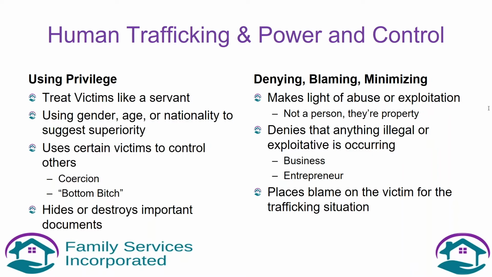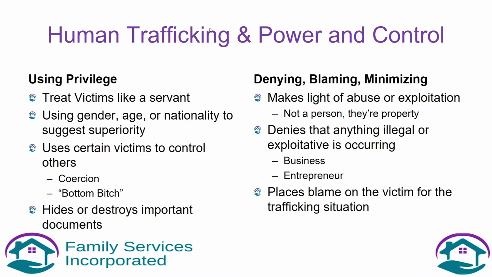Remember, these victims are not going to have free range or the ability to move or to travel on their own. Everything about their life is going to be controlled, including their important documents. Whether it's a visa, a driver's license, social security card, or birth certificate, they are not going to have control of those documents.